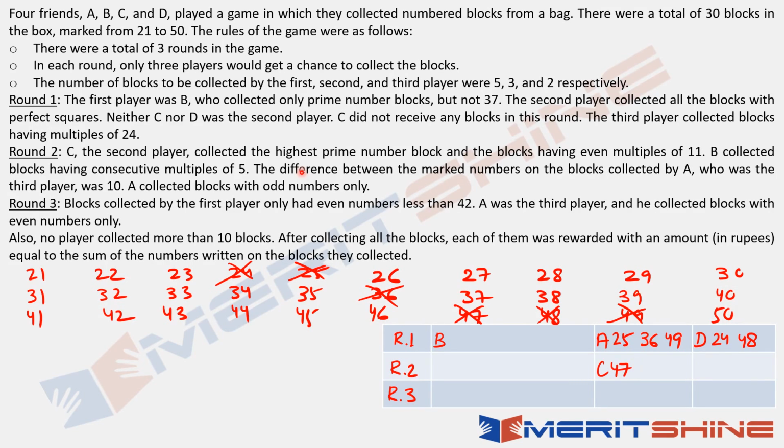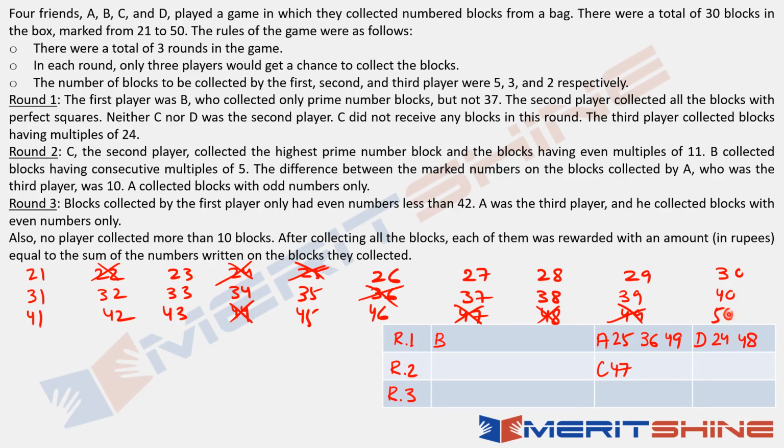And we'll go back to this, the highest prime number block, and the blocks having even multiples of 11. So multiples of 11 would be 11, then 22, 33, 44, but it says even multiples of 11. So even multiples of 11 would be 22, not 33, but 44. So 22 and 44 are even multiples of 11 that fall in this range from 21 to 50. You cannot take numbers outside, right?